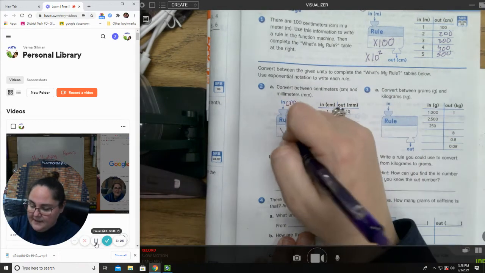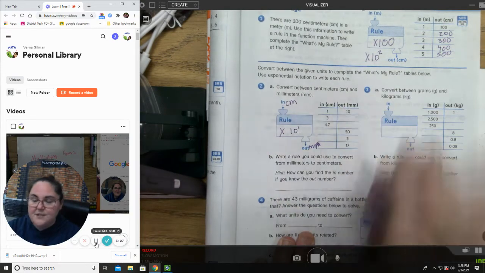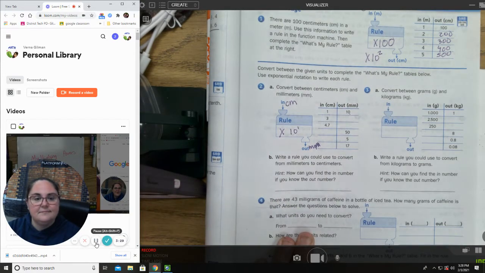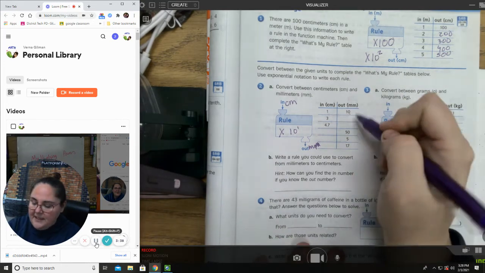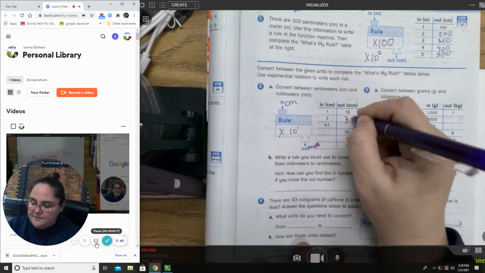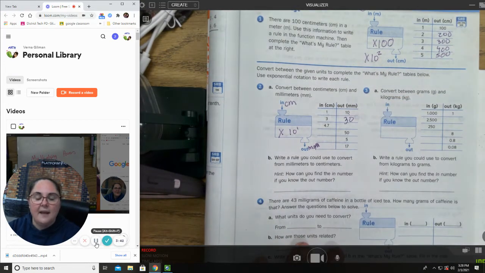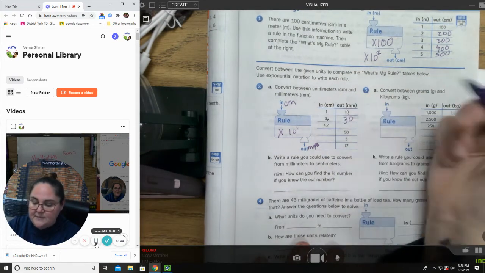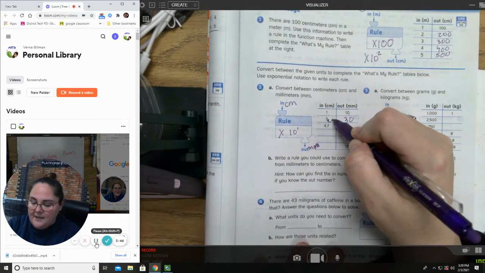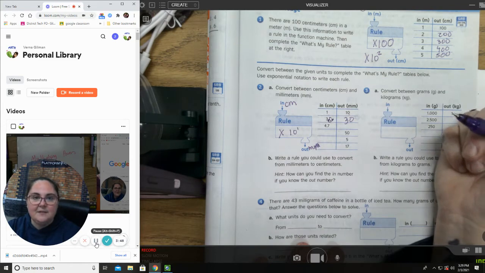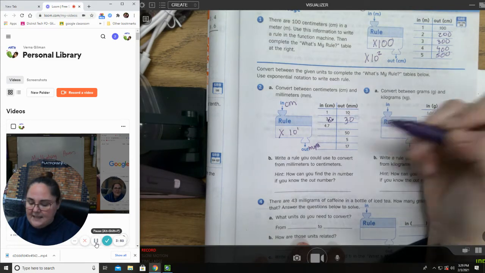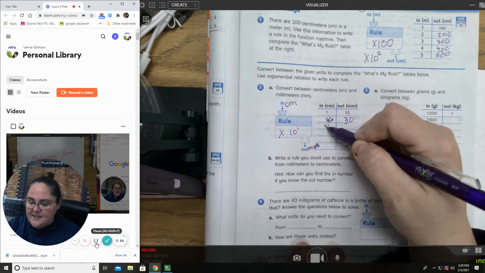Well, I multiplied by 10 to the first. That is my rule. Let's fill out the rest of this table. So 3 times 10 to the first is 30. I move my decimal 1 spot, so here's my decimal. I would move it 1 spot and put a 0 in that place, right? Same idea with this. Take that decimal, move it 1 spot.